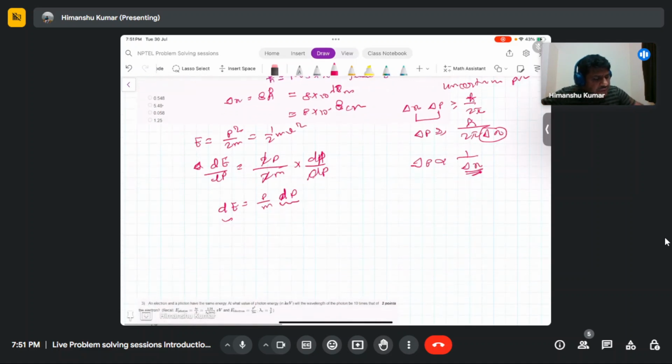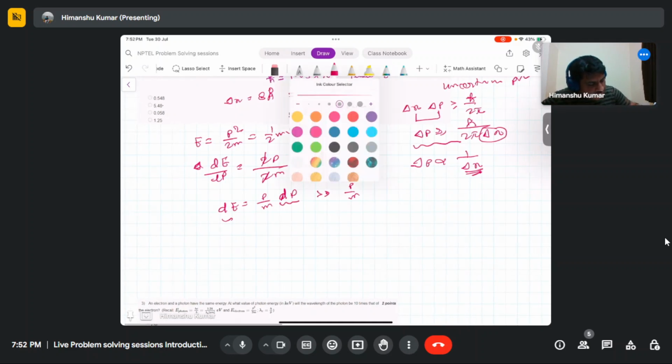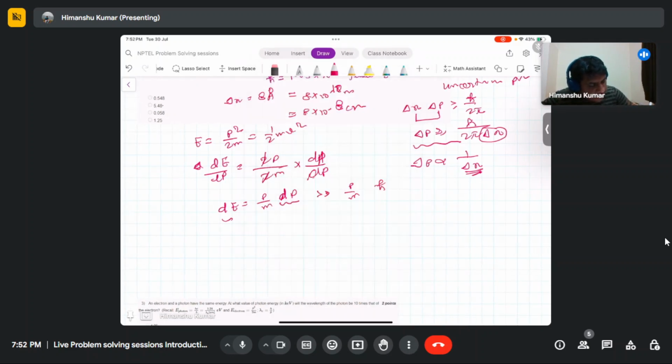From the uncertainty relation for momentum and position, p by m times delta p must be greater than or equal to p by m times h bar by 2 pi delta x. So the uncertainty in energy must be greater than or equal to p h bar by m times 2 pi delta x.